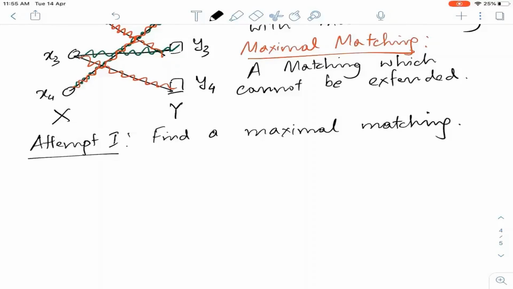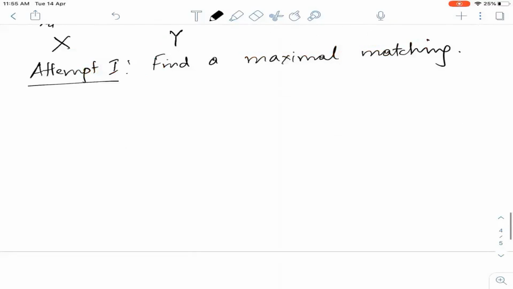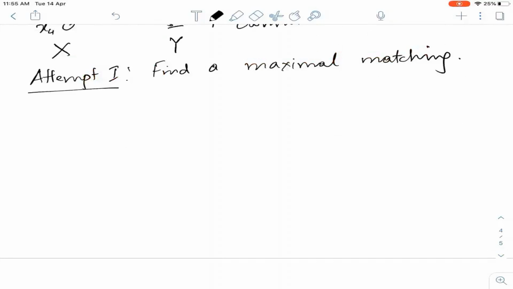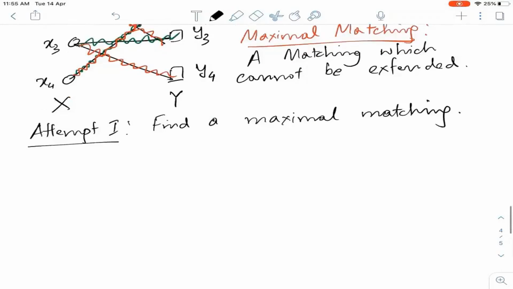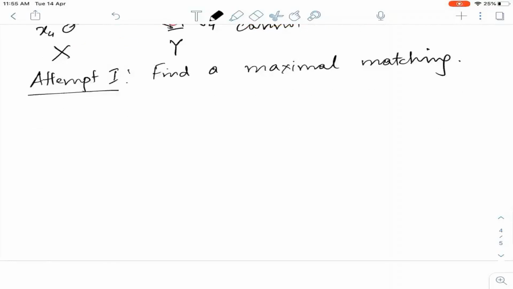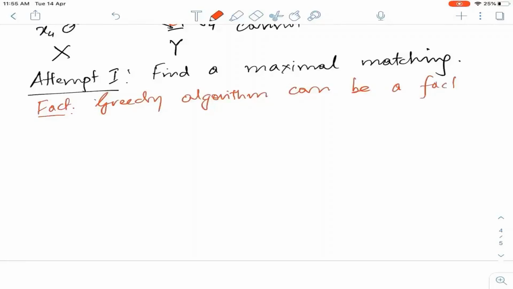So that's what I would try if I saw this problem for the first time. There is no reason to believe that this can be solved using max flow, or at least it's not immediate. I'll give you a fact, and probably I will give this as an exercise. The greedy algorithm can be a factor 2 less than optimal.